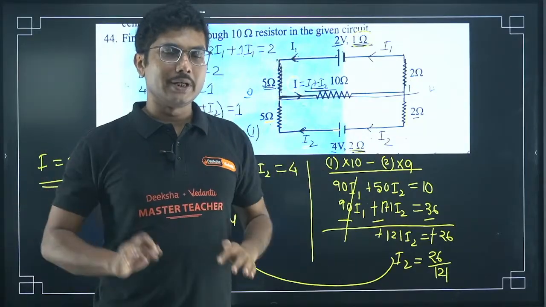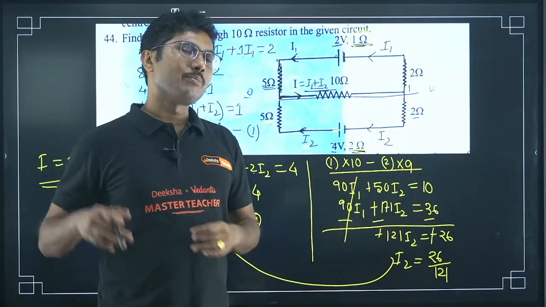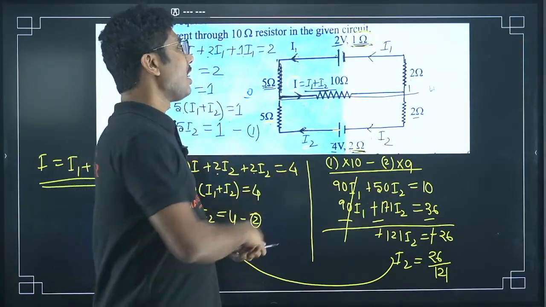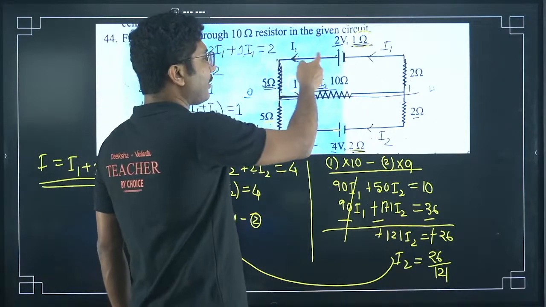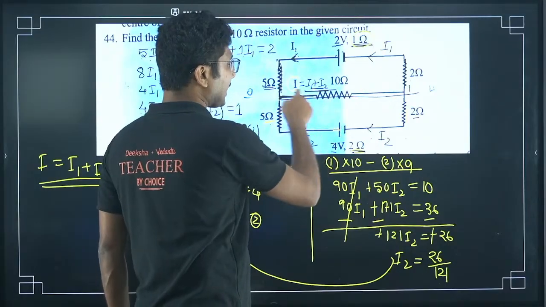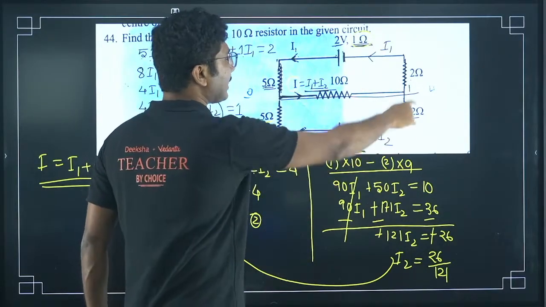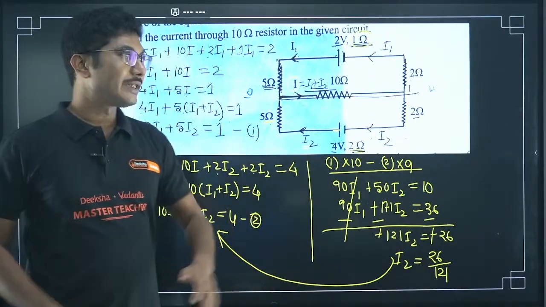If possible, in competitive exams it might not always be possible, but in board level exams and KCET level exams it is possible that each loop will have only one battery. So here we will consider this loop because this has only one battery. Second, we will consider this loop because this loop also has one battery. There is another loop you can consider, the bigger loop where two batteries are there, but that will be complicated.